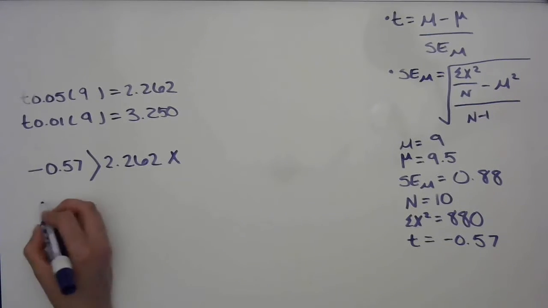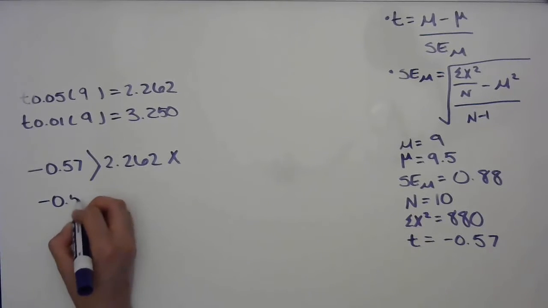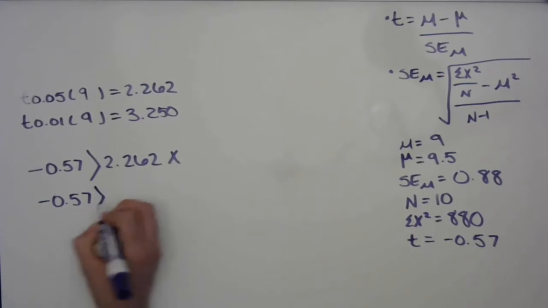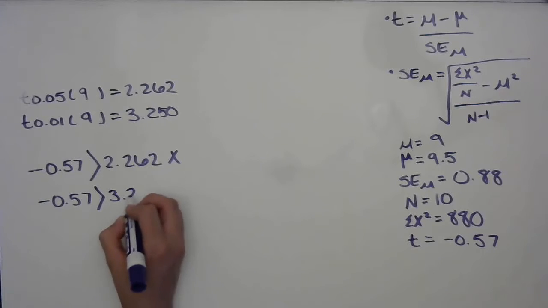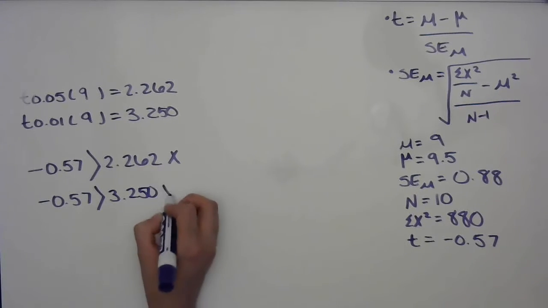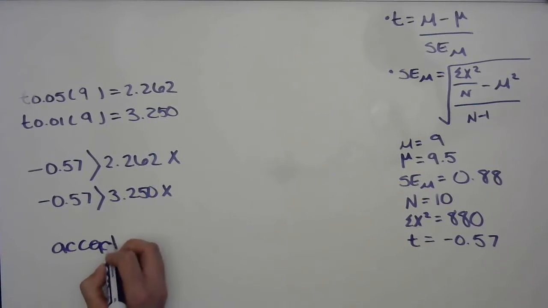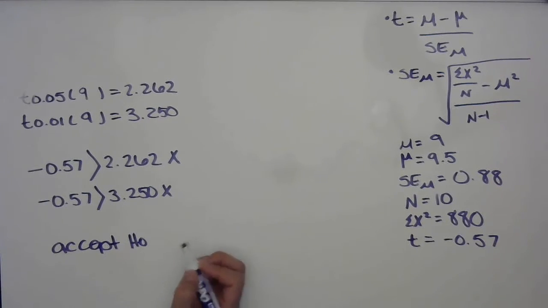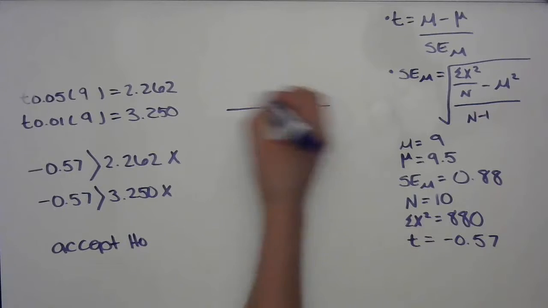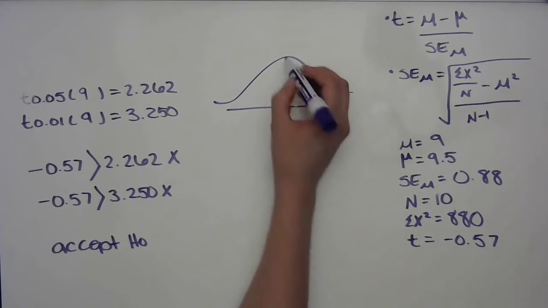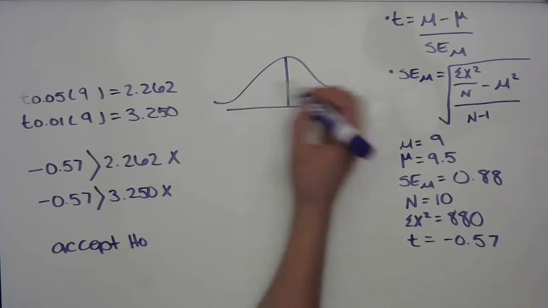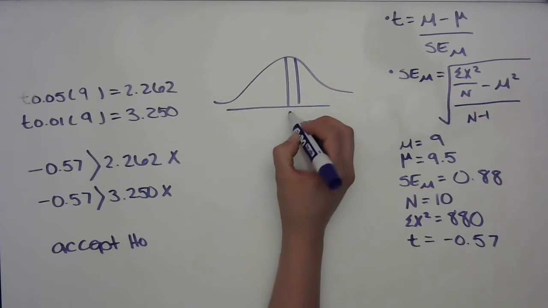No, it is not. Negative 0.57, is that greater than 3.250? No, it is not. So we accept H0.